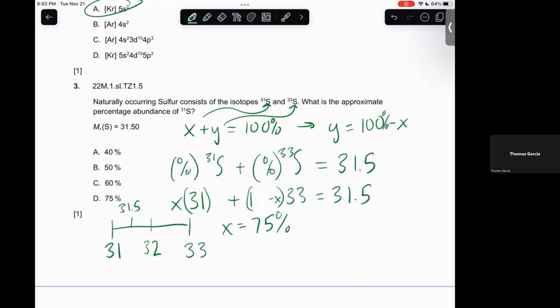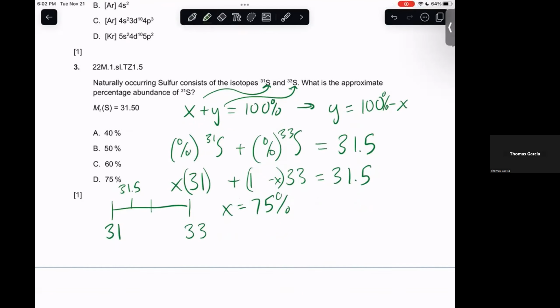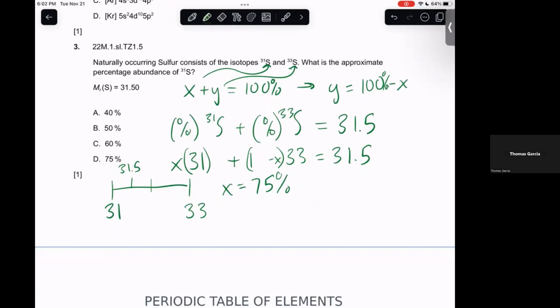That means that to achieve a total mass of 31.5 on our number line, we have to have much more of 31, less of 33. If we took the average mass of 100 different elements and they get 31.5, more of them are 31 than we have 33.